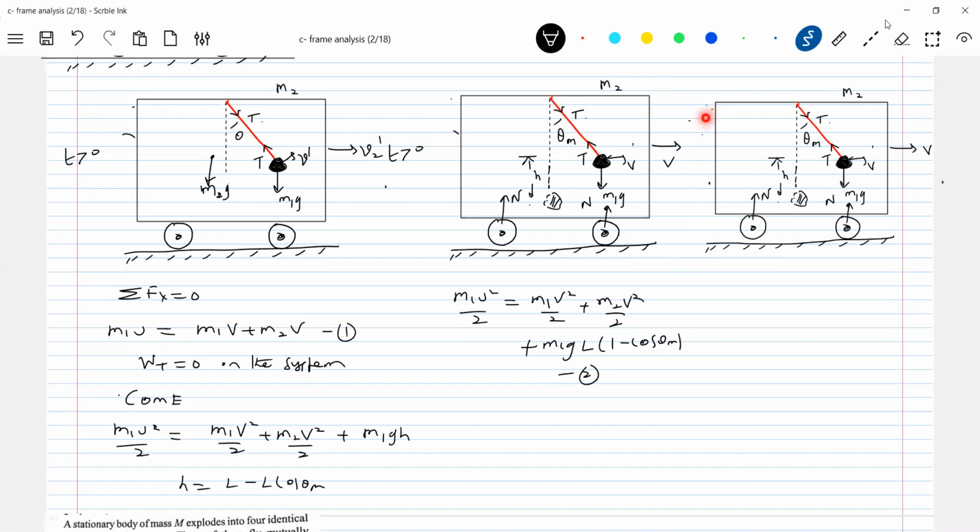Now, so this is what happens here. So this theta m, I'll take it out. Now, so at one instant, the velocity of the trolley will be maximum. So why will it happen? Because look at the diagram.